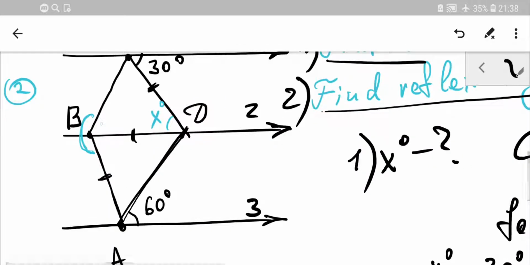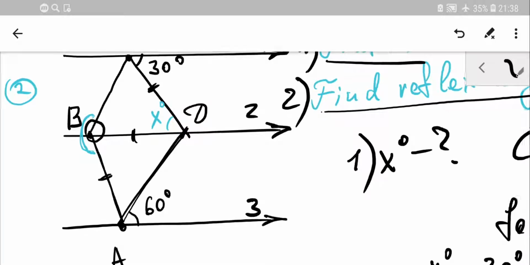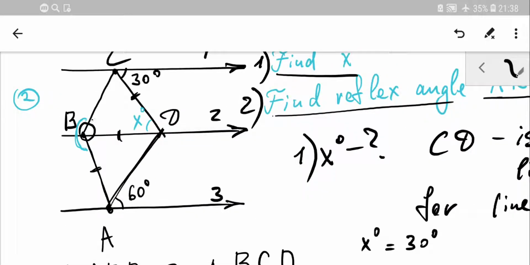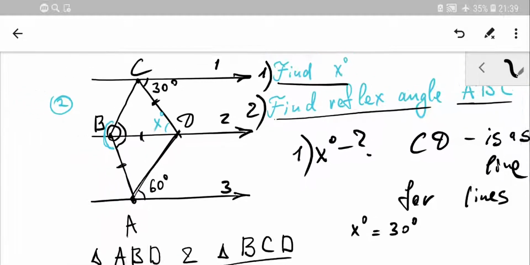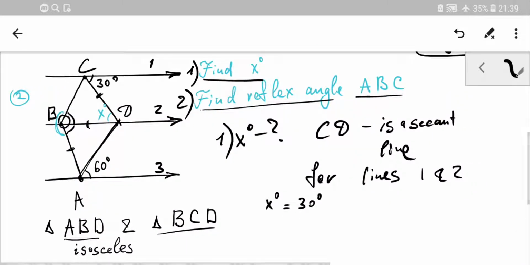Obviously you know that the whole angle around is 360, right? So if we find this angle and if we find angle here, in total with our reflex angle will give us 360. Okay, let's try to use this fact.